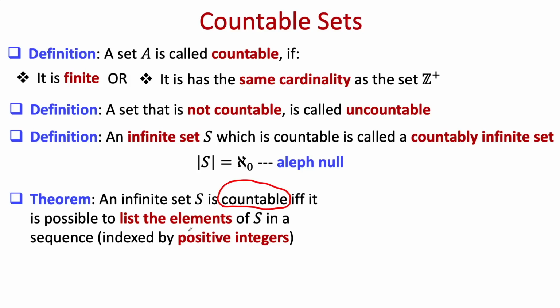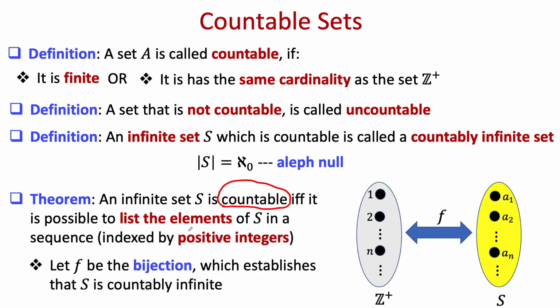Each element of the set S will appear somewhere in that sequence, and no element will be repeated. In that sense only is my set countable, even though it has an infinite number of elements.